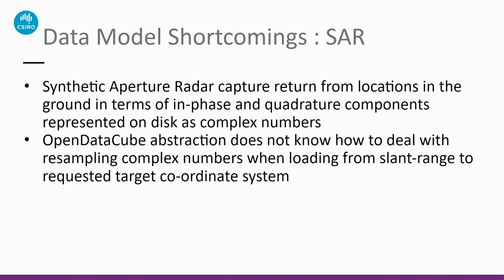The data model has some shortcomings. I did a lot of my work in my PhD on SAR. When you're trying to reproject data, because SAR pixels are in the complex domain, Open DataCube needs some enhancements, not there yet, to convert the complex data and restructure it better for even grids or uneven grids. You can have uneven grids in the coordinate system. It's not implemented yet.